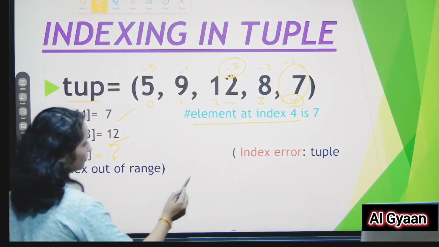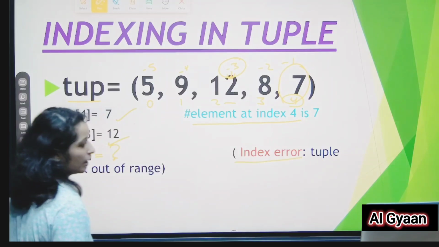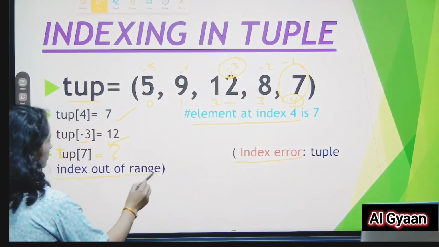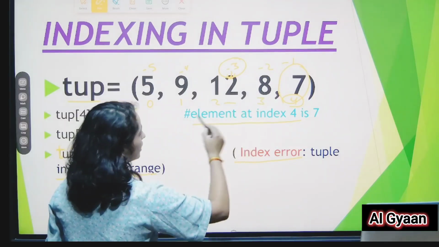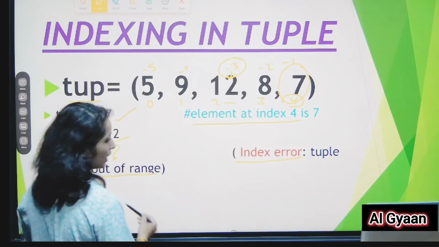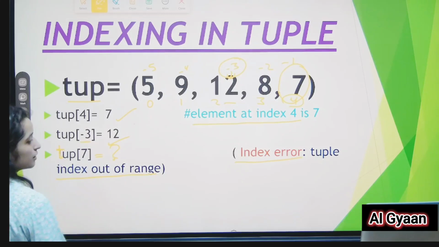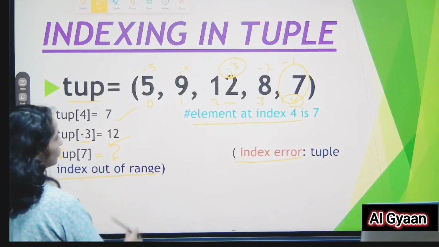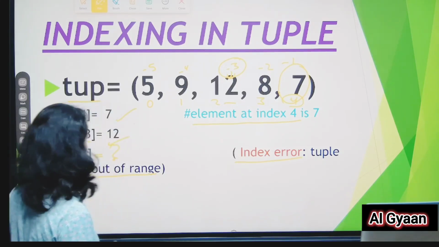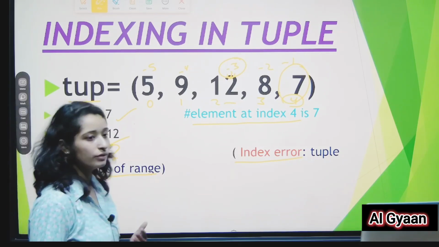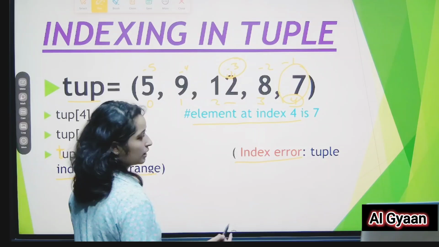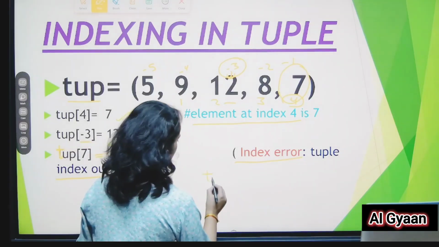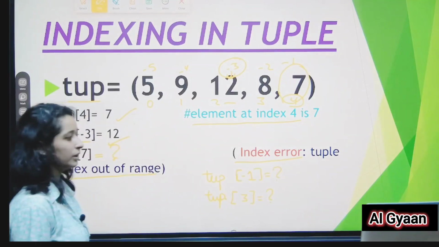So it will give me an index error, tuple index out of range, because my tuple contains only 5 elements, and here I have written 7, which means that my tuple index is out of range. Here also I am giving you 2 more questions to solve. You can solve them on your own.